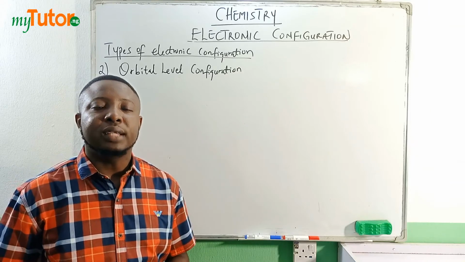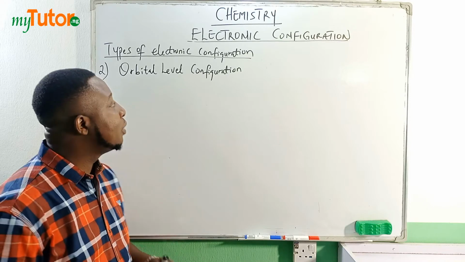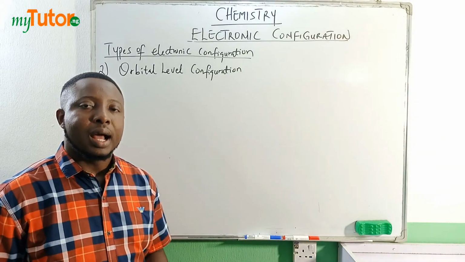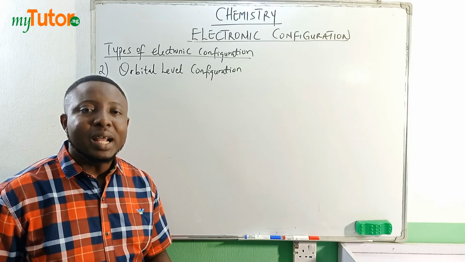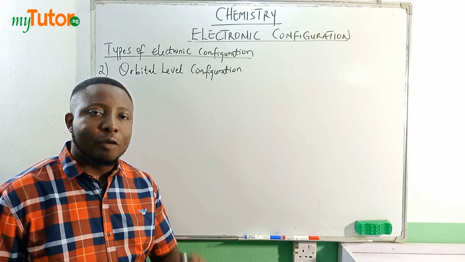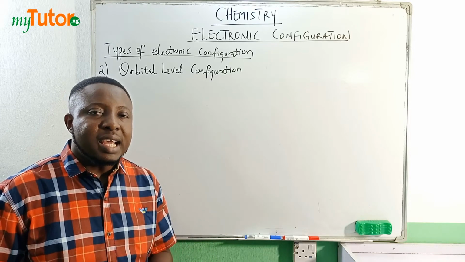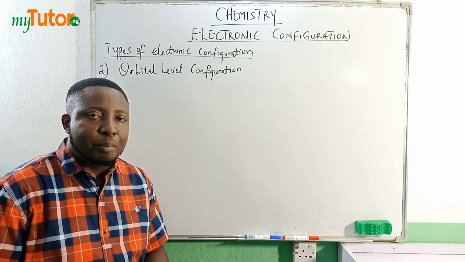So the second type of configuration that we are discussing is the orbital level configuration. What is an orbital? An orbital is a region of space in an atom where there is a possibility of finding an electron. Now, each energy level is said to contain orbitals.